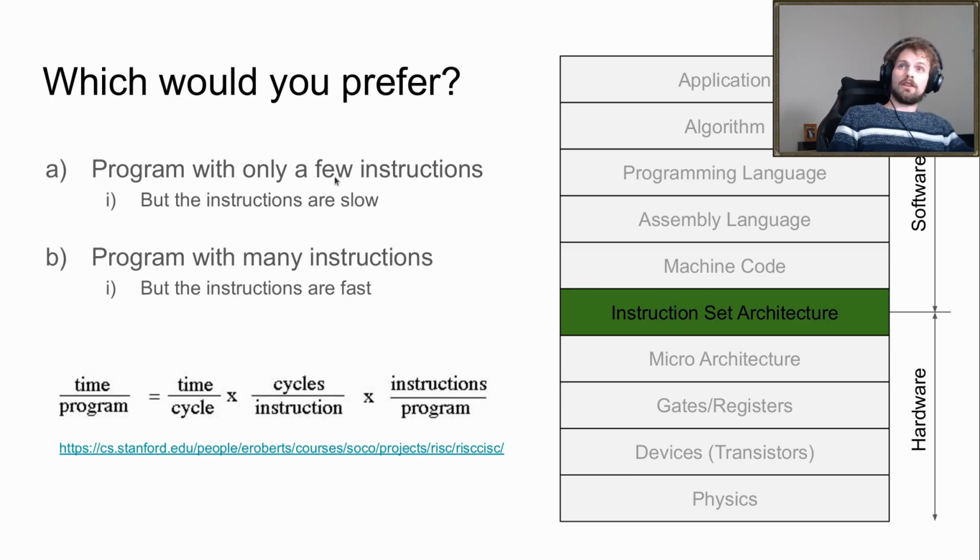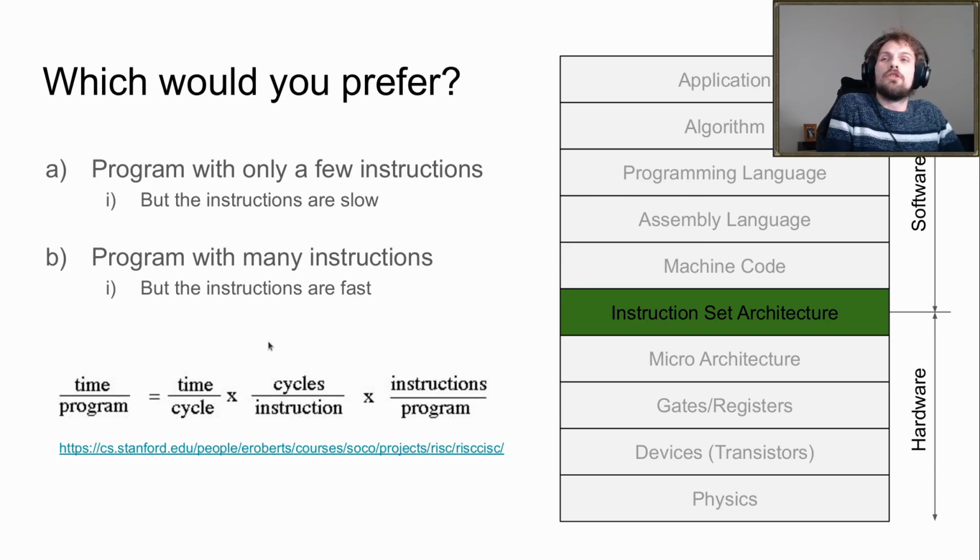So your program has 10 instructions, but the processor is executing them quite slowly. Or would you want a program that has 30 instructions, let's say, and it does exactly the same thing as this first program? These programs are equivalent, but their instructions are executed a lot faster than in the first case. What's your answer going to be?